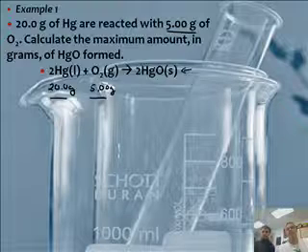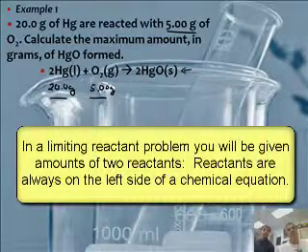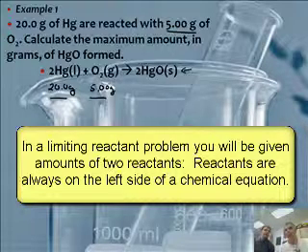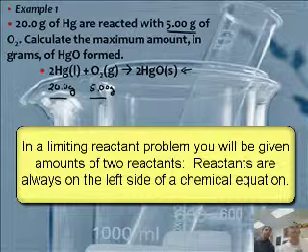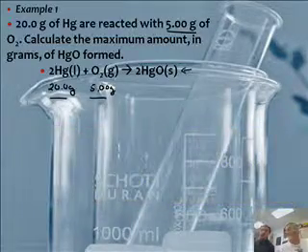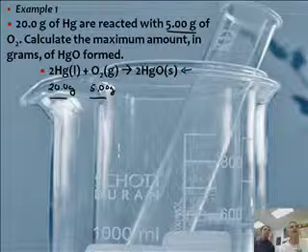There are no amounts of products. If you see two amounts of reactants, you are most likely dealing with a limiting reactant problem. I would say 99 times out of 100. In this class it would probably be 100 out of 100.